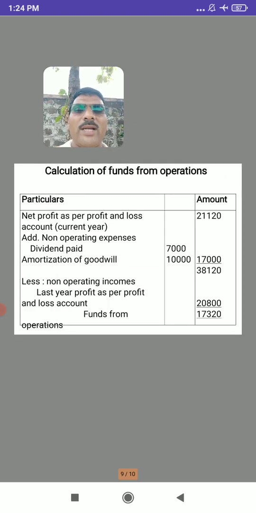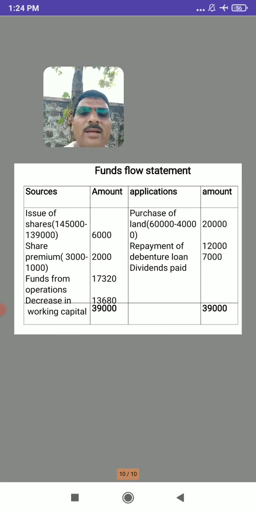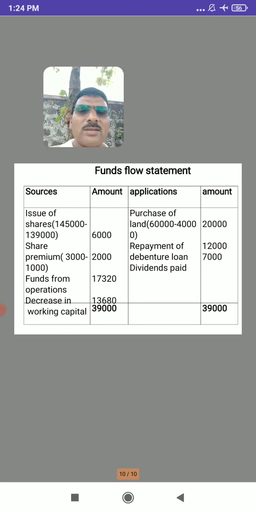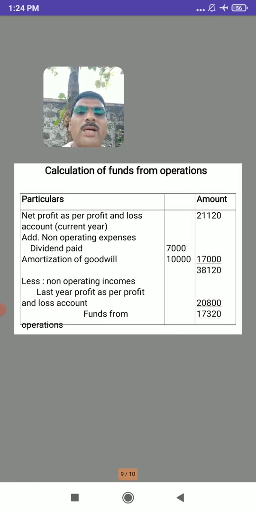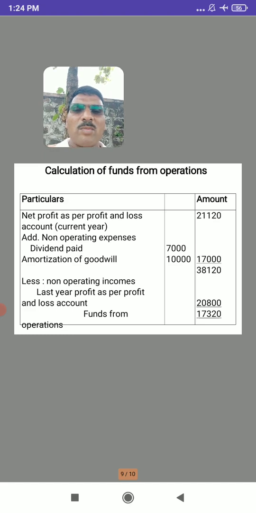After calculating the changes in working capital, the second step: there is no sale or purchase of asset, therefore we are not preparing any statement for it. Before that we have to prepare the funds from operation.